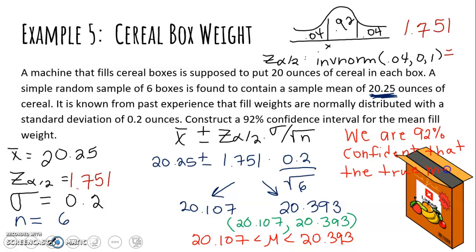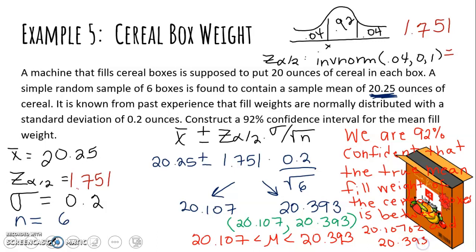So the true mean fill weight of the cereal boxes is between 20.107 ounces and 20.393 ounces.